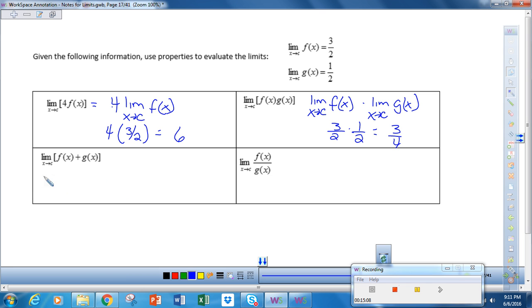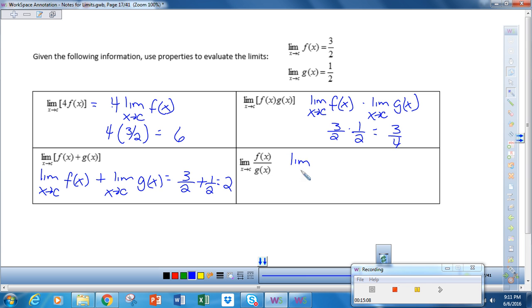The sum of the limits can be written as the limit as x approaches c of f of x plus the limit as x approaches c of g of x, which in this case would be 3/2 plus 1/2, which is 4/2, 2. And yes, you understand it perfectly at this point.